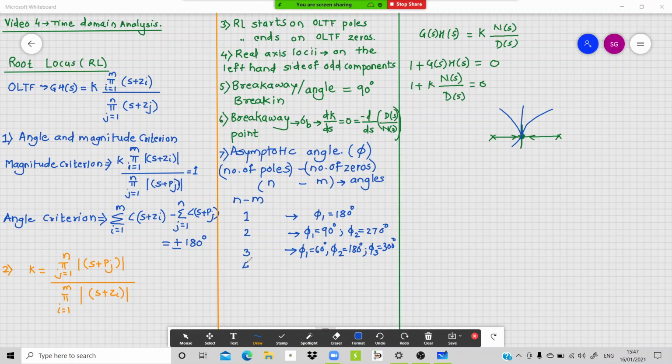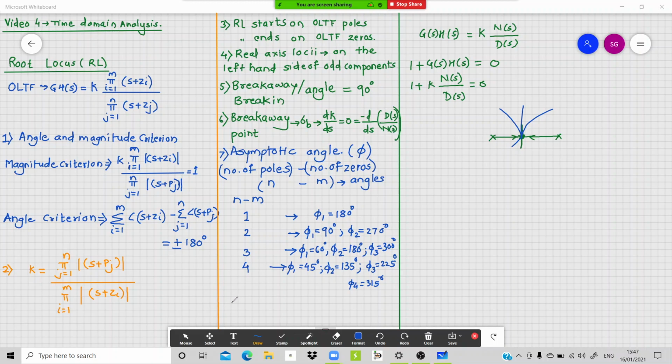And when it is 4, it is 45, 135, 225, 315.